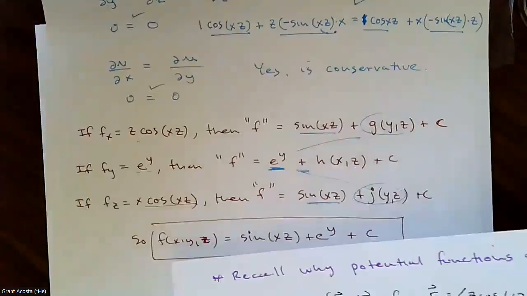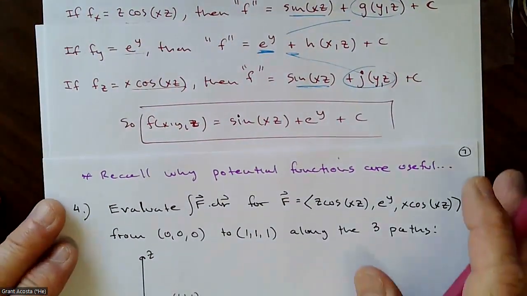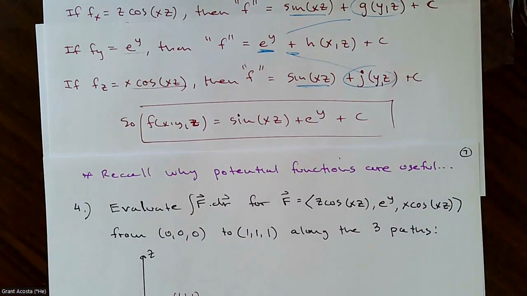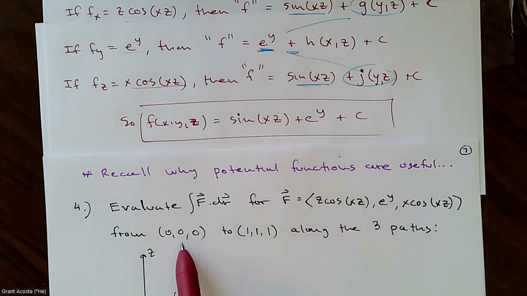Okay, I'm going to use this example to recall, why are potential functions so useful? There's that idea of path independence and the fundamental theorem of line integrals, right? Because this is a conservative field, if I want to integrate F dot dr of this very same function from 0, 0, 0 to 1, 1, 1 along these crazy paths here, I know a couple of things.